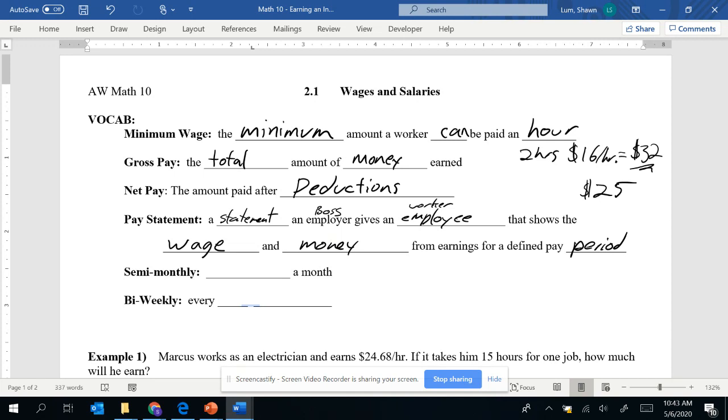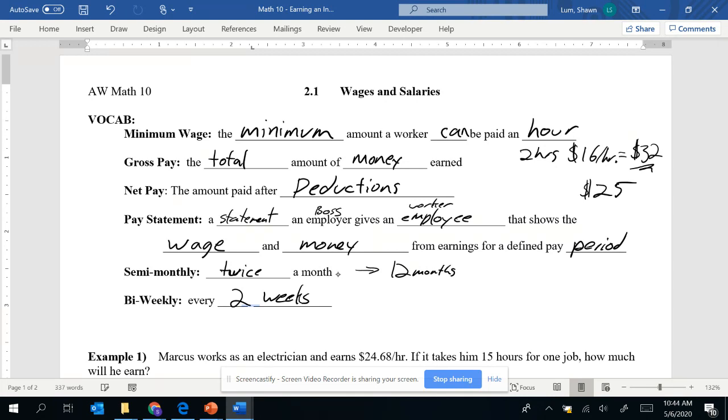Now, there's a whole bunch of different ways you can get paid. One way you can get paid is semi-monthly, and semi-monthly means twice a month. Getting paid bi-weekly is getting paid every 2 weeks. Now, a lot of people think, whoa, semi-monthly and bi-weekly are the exact same thing, and they're close, but they're not the same thing. So how this works out is that in 1 year, there are 12 months.